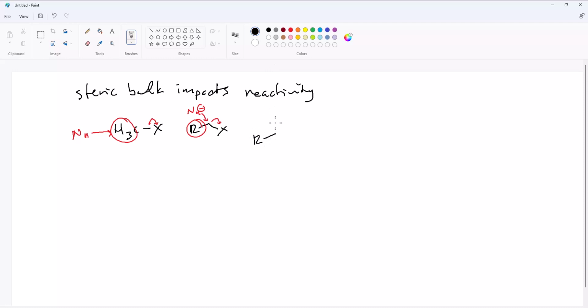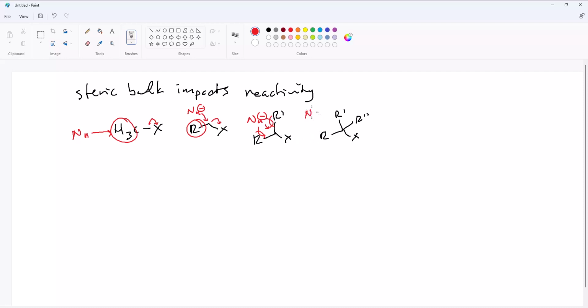However, if we move to a secondary alkyl halide or a tertiary alkyl halide, we'll see that the rate of SN2 reactions is decreased dramatically, because if we try attacking here, we have bulk on both sides now. We have 2 alkyl groups preventing our nucleophile from coming in and attacking.